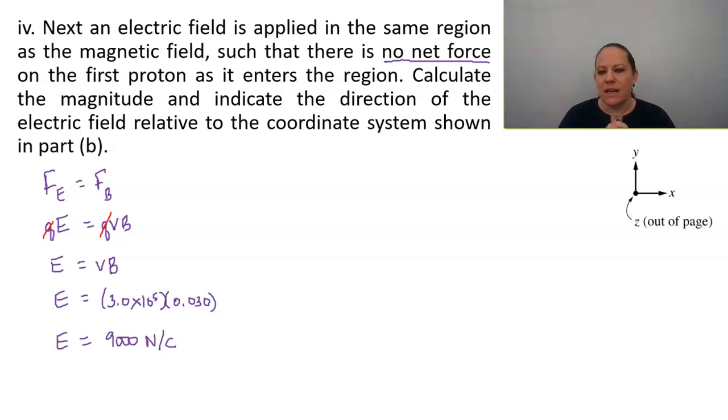There's really only one way we need to think about it, which is that since at the point of entry, the force was up on the proton from the magnetic field, if there's no net force, then the electric force must be downward, which is the negative y direction. So you could specify in the negative y direction, or you could say toward the bottom of the page.